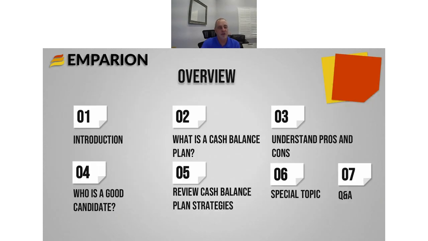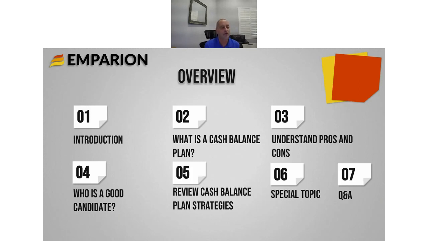Today, the overview. We'll do a quick intro. I'll tell you a little bit about myself and the company. We'll also discuss what a cash balance plan actually is, and discuss the pros and cons. The cons are most important. The pros are very self-explanatory, so I do want to make sure I always discuss the downsides to these plans.